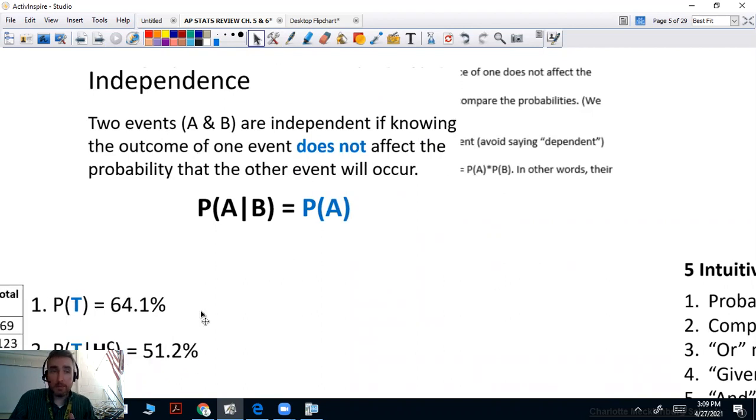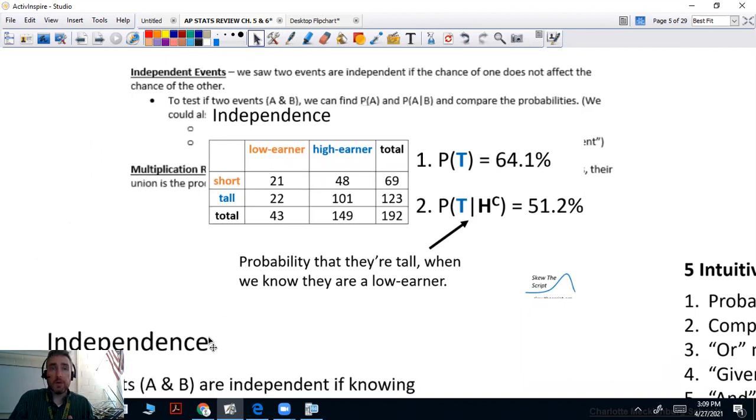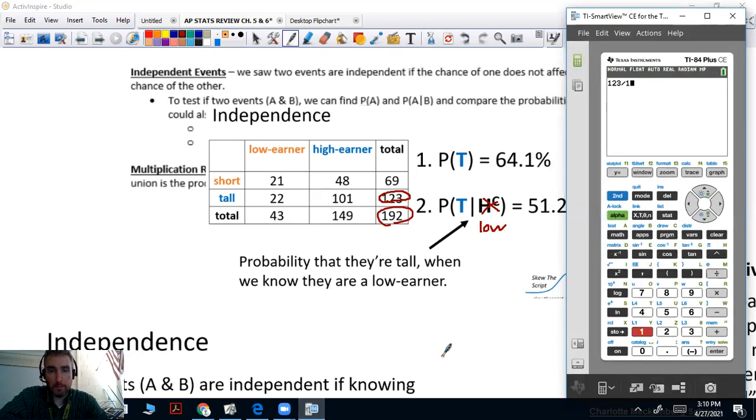With that in mind, consider this. You have a scenario with short and tall people, low earners and high earners, and you want to know whether the probability of being tall and the probability of being tall given you're a low earner are the same. We'll compare those two probabilities. The probability of being tall is 123 out of 192, which is about 64.1%. The probability of being tall given you're a low earner is 22 out of 43, which is about 51%.